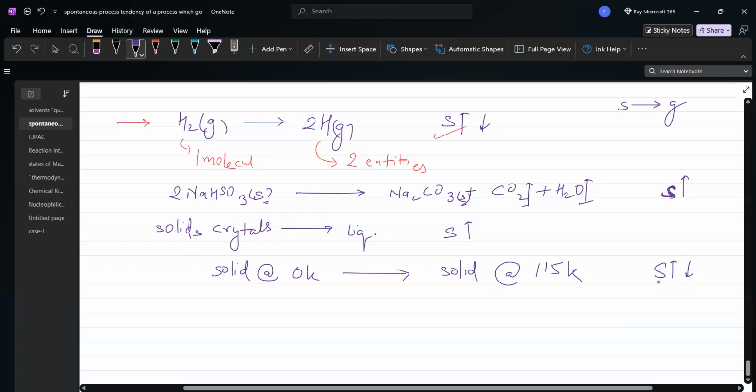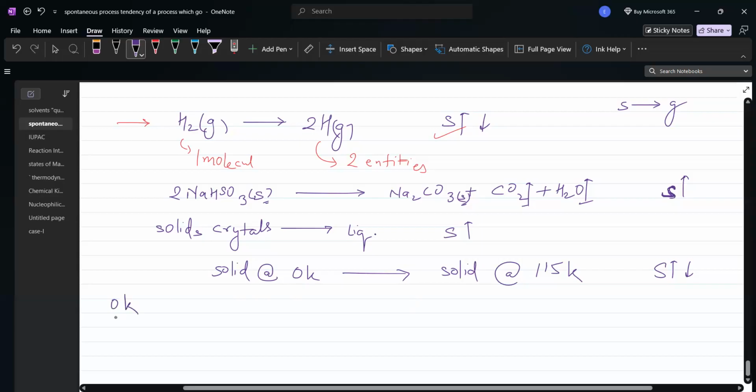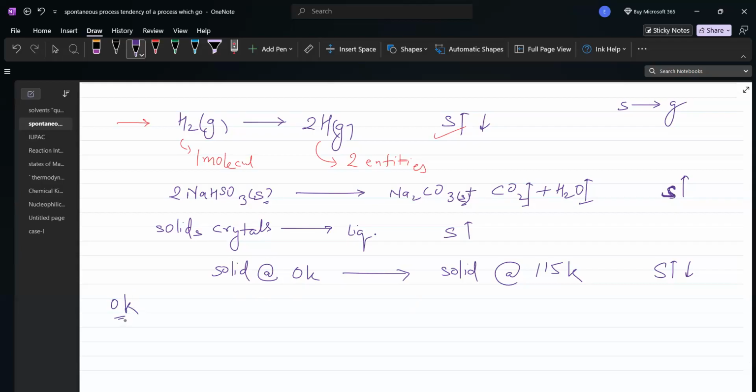No problem. Just comment. I will explain. It increased. See, we haven't talked about it yet. Actually, at 0 degree Kelvin, no, I have talked about it. I've already told you that experimentally and theoretically we don't go below 0 degree Kelvin, right?